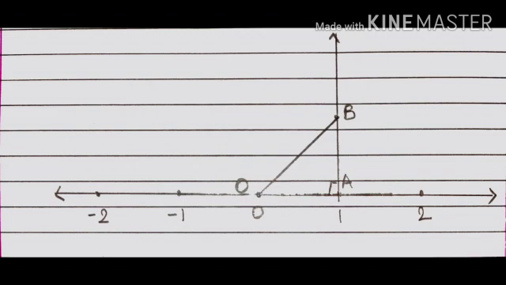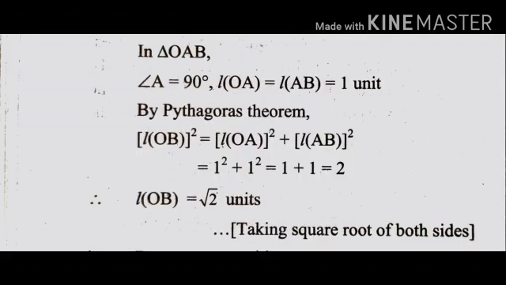Now join OB. You can see here a right angled triangle OAB is formed. As it is a right angled triangle, we can use Pythagoras theorem here.